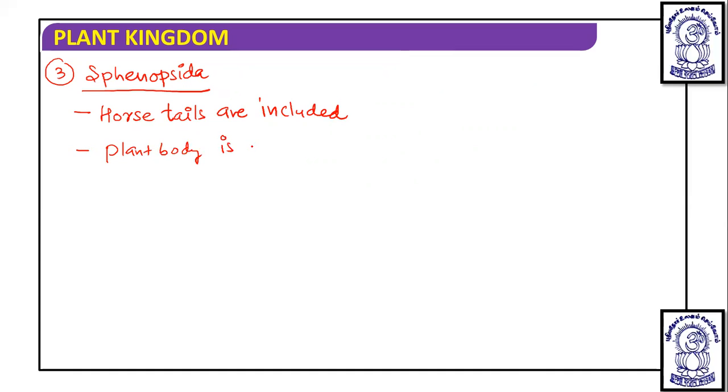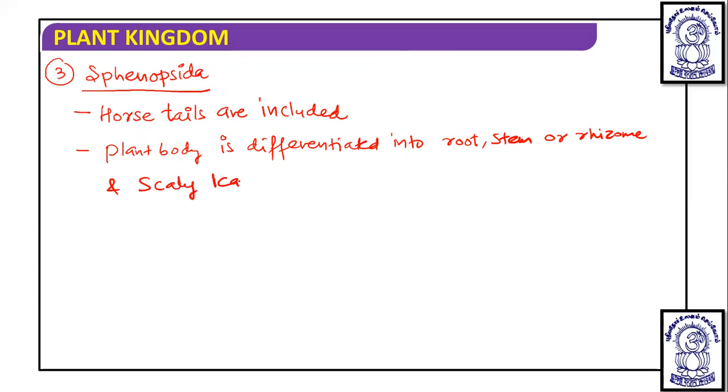In this class also, the plant body of horsetails is differentiated into root, stem, which is also known as rhizome, and scaly leaves.